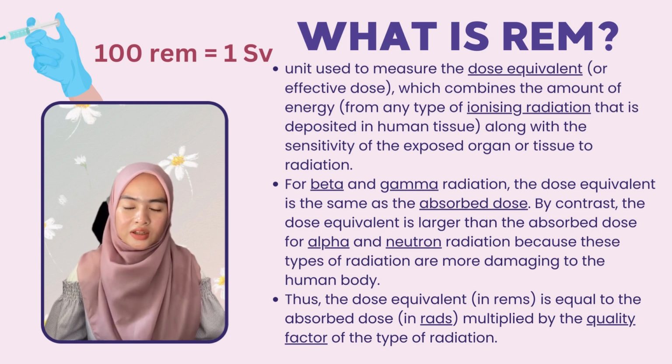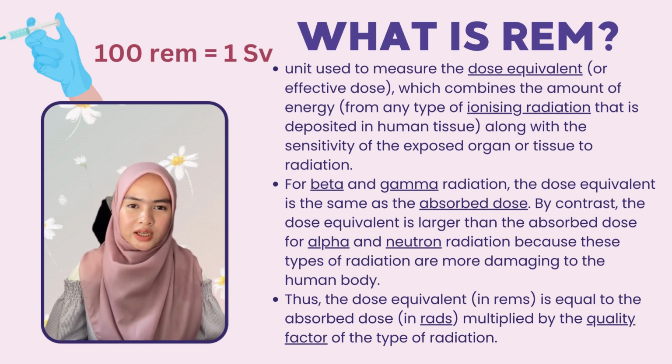The related international system unit is the sievert, where 100 rem is equivalent to 1 sievert. This unit is used to assess the potential health risk associated with exposure to ionizing radiation, such as during diagnostic or therapeutic procedures using radioactive materials.